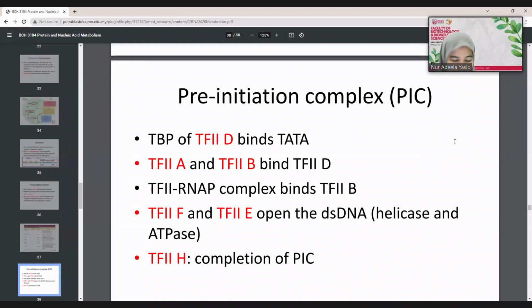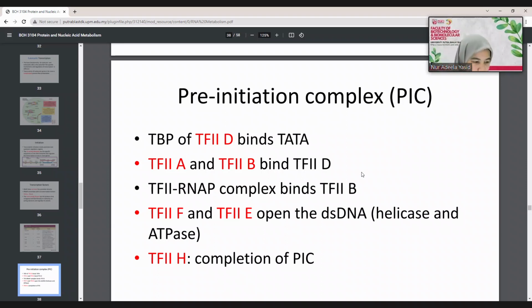Next, the proteins to enter are transcription factor 2A and transcription factor 2B, which bind to transcription factor 2D. They stabilize the DNA and transcription factor 2D complex, and they now recruit polymerase 2 in association with transcription factor 2F.